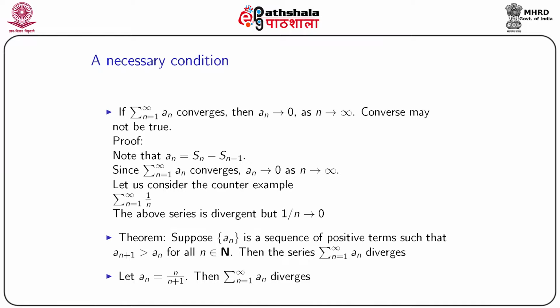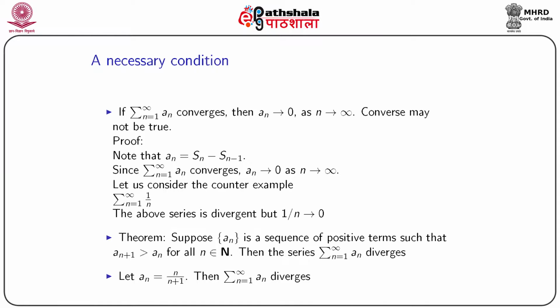Similarly, I can construct a3, a4, a5, a6 as differences of Sn and Sn minus 1. The condition given is that the sum over an converges. So by definition, Sn and Sn minus 1 both converge to the same number, so an tends to 0 as n tends to infinity.